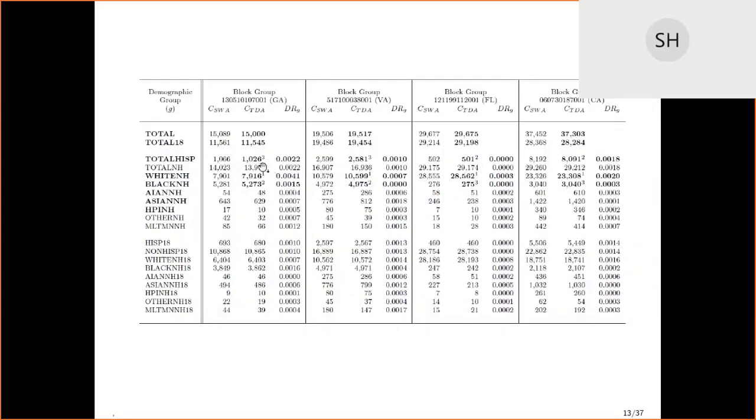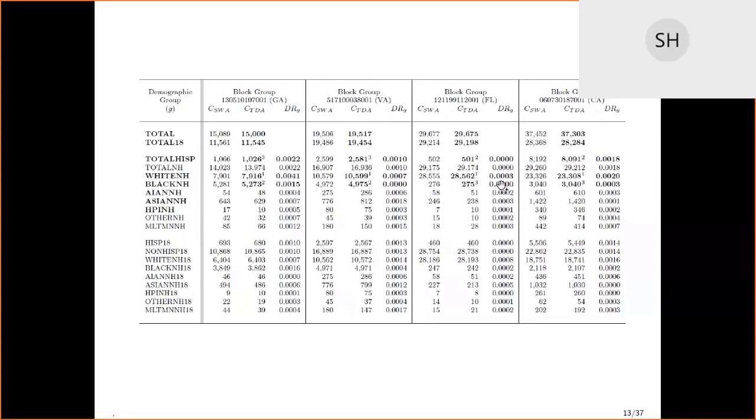And the last four, now we go to increase further to 15,000. This is the block group again in Georgia. The largest demographic group is white non-Hispanic. Near 20,000 in Virginia, the largest demographic group again is white non-Hispanic. Now go to Florida. This is near 30,000.